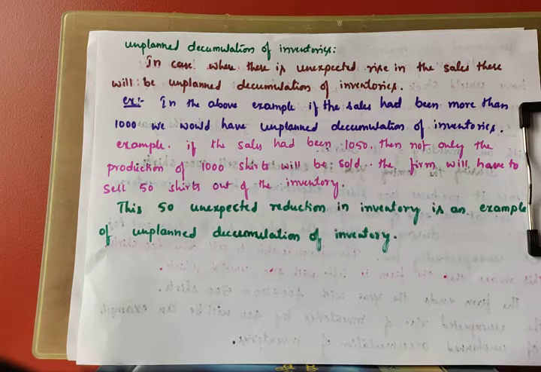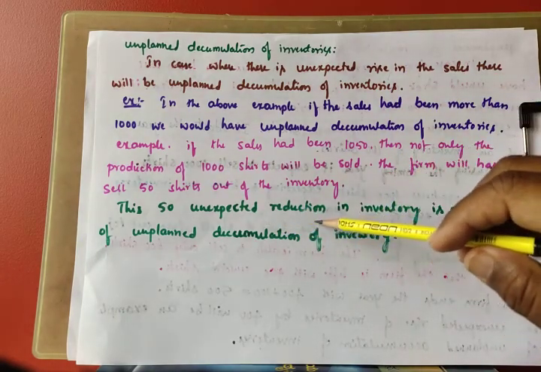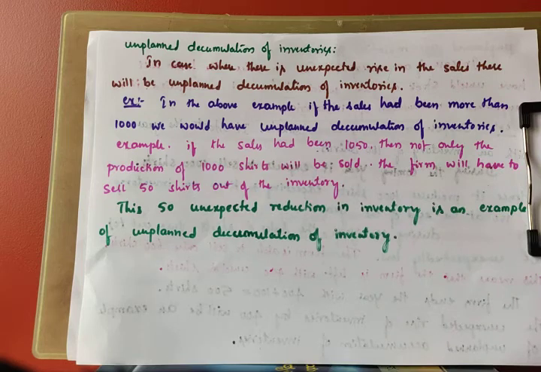Now there is a decrease in the inventory, because they produced only 1000 and decided to keep 100 shirts as an inventory. The situation is demanding 1050 shirts, so the remaining is only 50 shirts. That is called unexpected reduction in inventory. This is called unplanned decumulation of inventory.